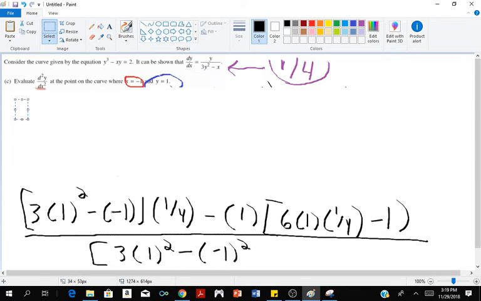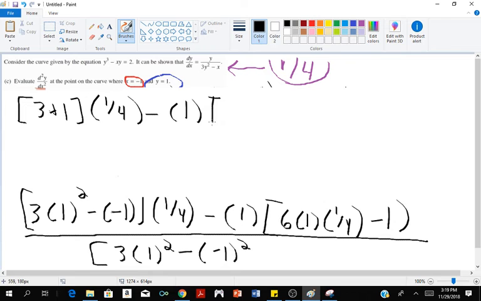We'll start with the bracket on top. 3 times 1 squared is 3, minus negative 1 is plus 1, times 1/4. Minus 1 times what's in brackets: 6 times 1 is 6, 6 times 1/4 is going to be 6/4, which simplifies to 3/2.